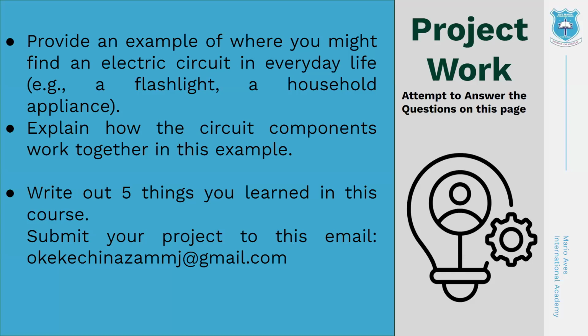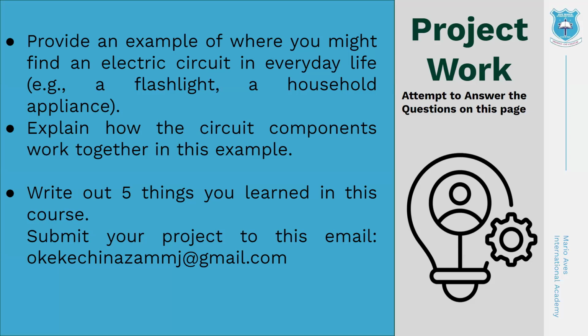Now for your project work, and I hope we all understood the little that I discussed right now, I'm going to give you a project work to work on at home. Provide an example of where you might find an electric circuit in everyday life, e.g. a flashlight or any household appliance.